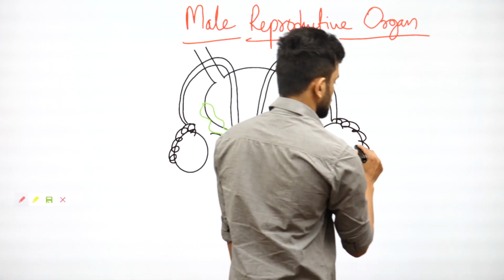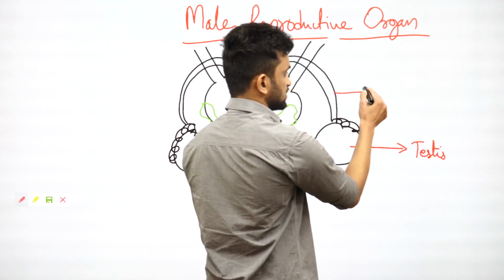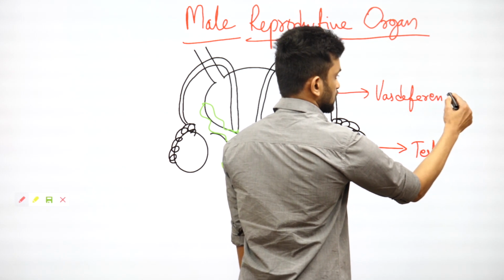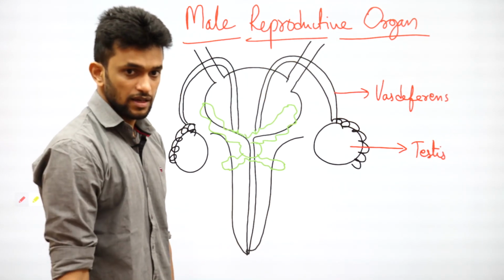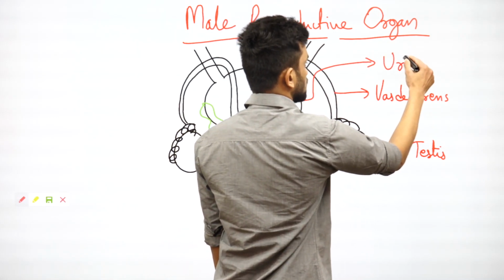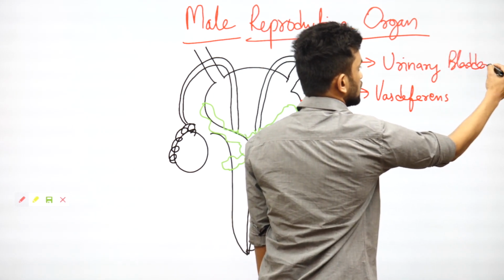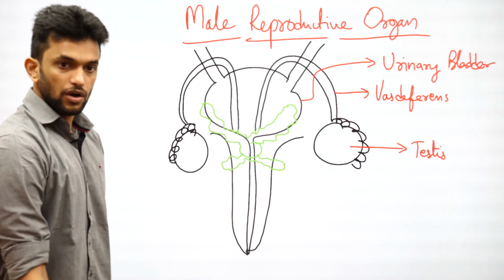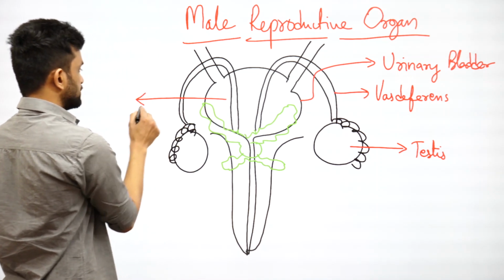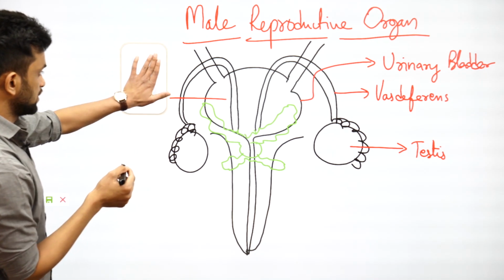What is this? Testis. Very important. What is this? Vas deferens. What is this? Urinary bladder. Then what do we have over here? What are these two pipes? We just drew them, right?